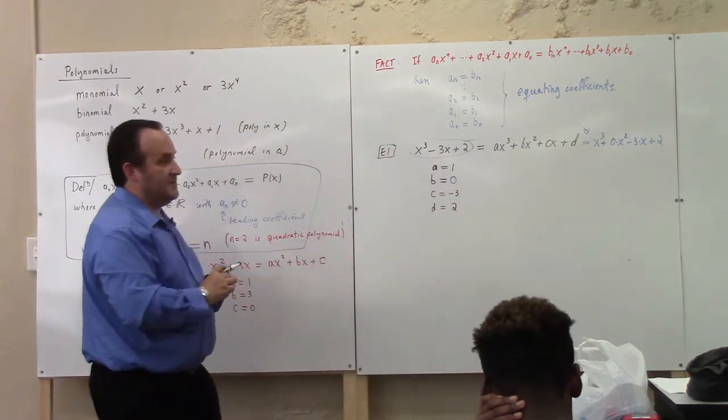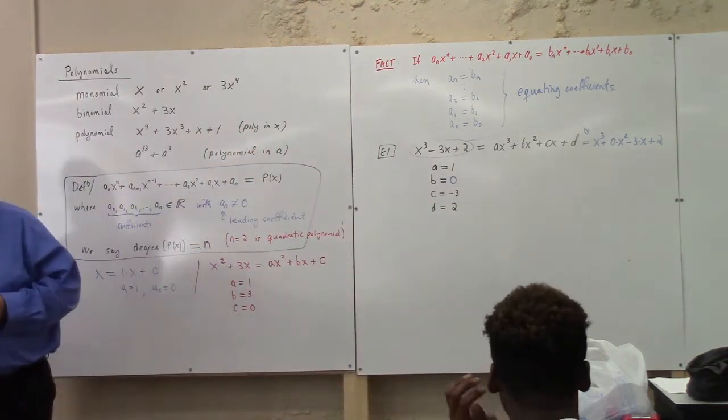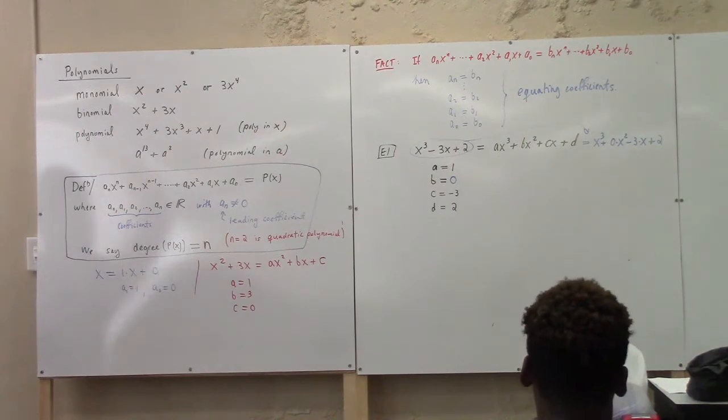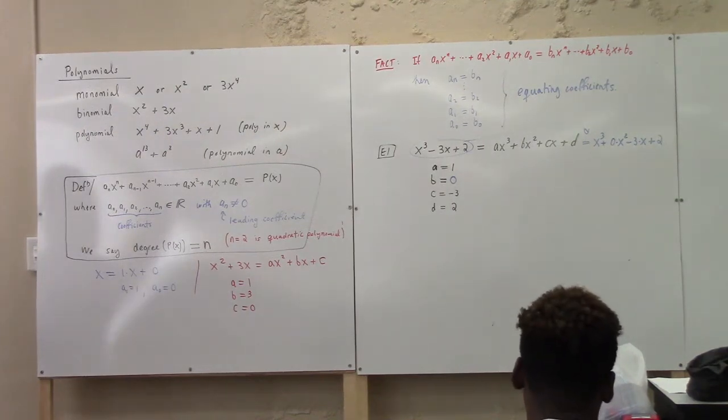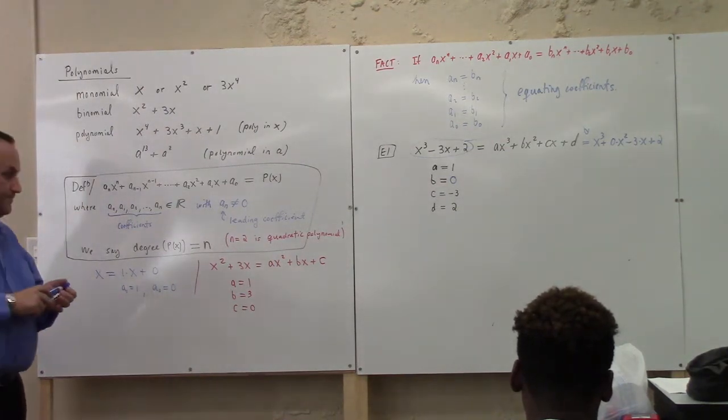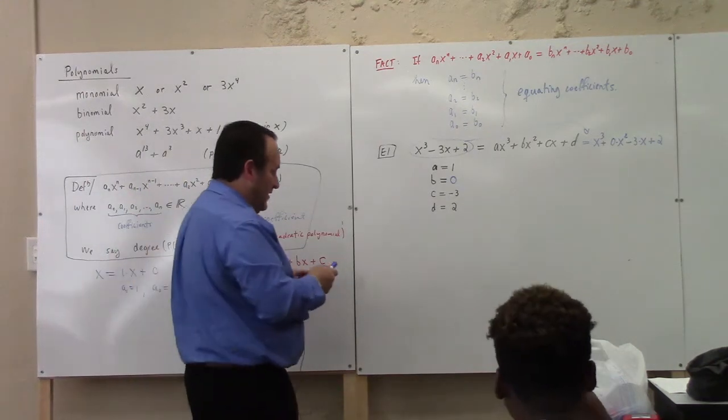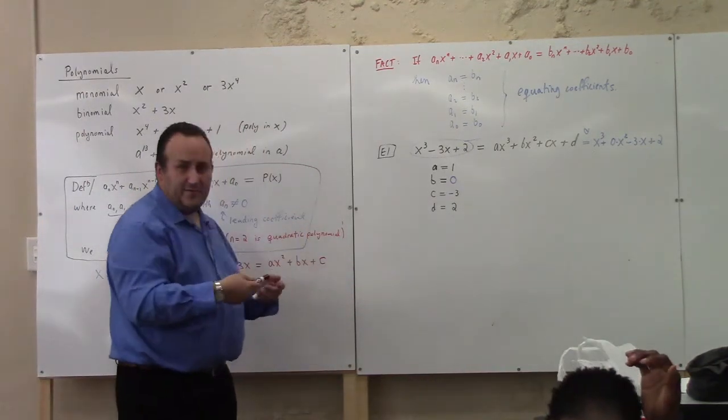Okay, so that's the first order of business, understanding coefficients. I hope we're there. All right? So the next order of business is how do we add or subtract or multiply a polynomial by a number. All right? And so I'm going to illustrate that with examples.